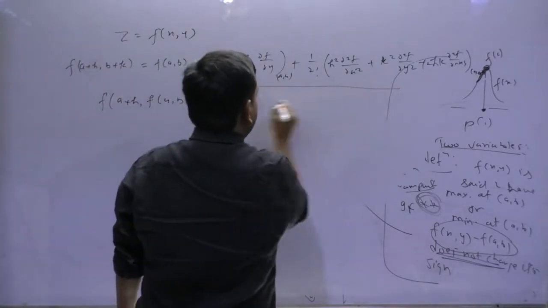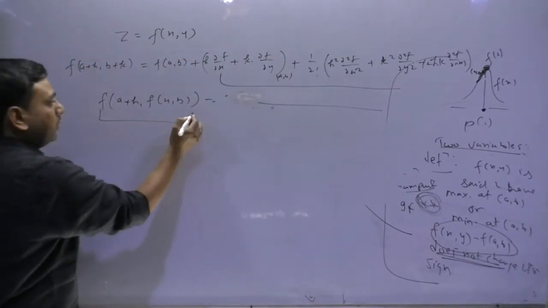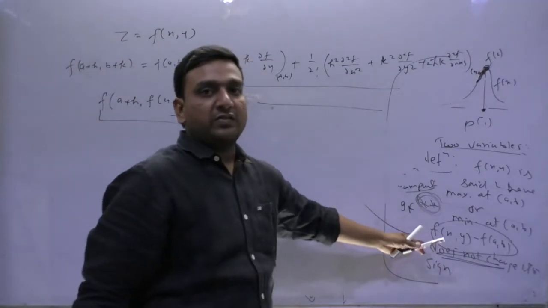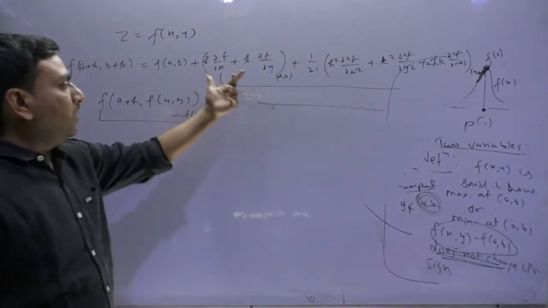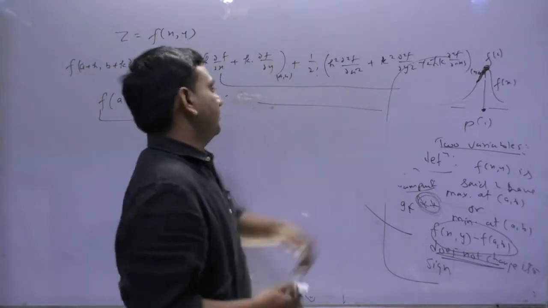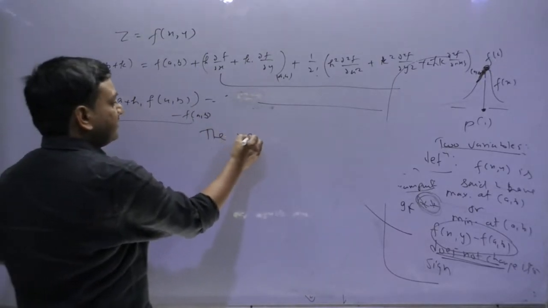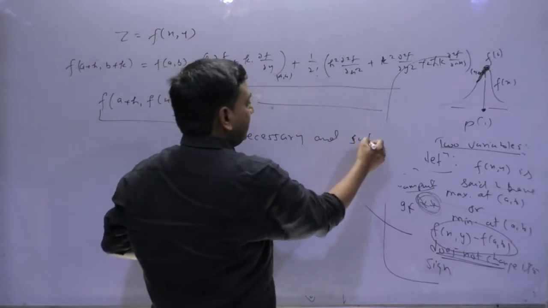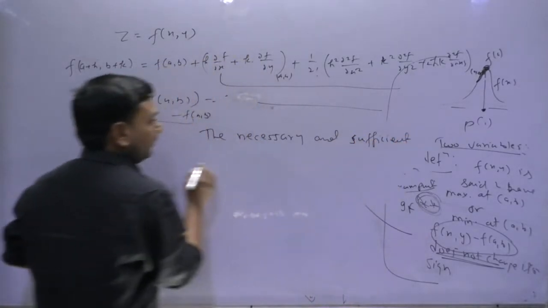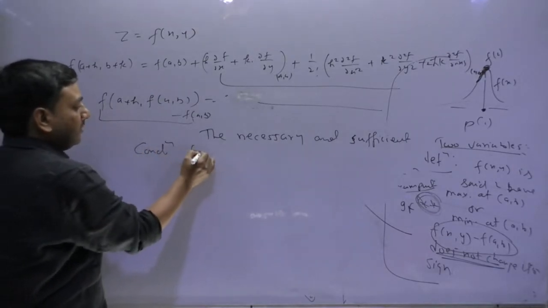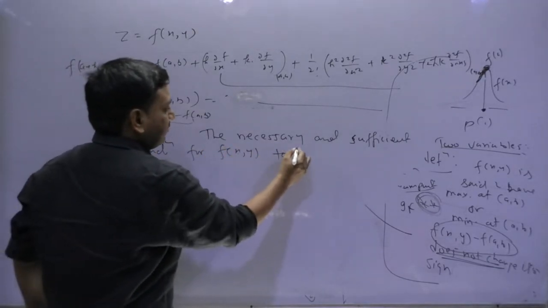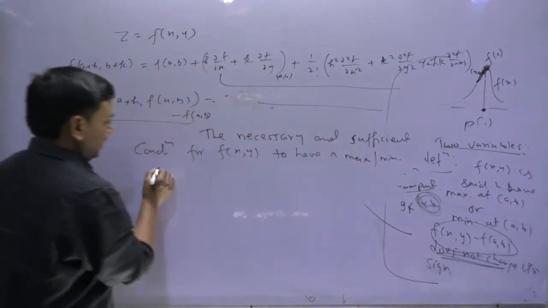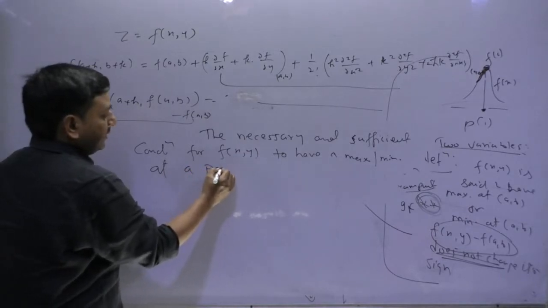meaning in the RHS, now in the RHS this is the thing. So minus f of a, sorry. Now I will use this concept here and will try to have signs over this, and that will give me the necessary and sufficient condition for f of x y to have a maxima or minima at a point a comma b.